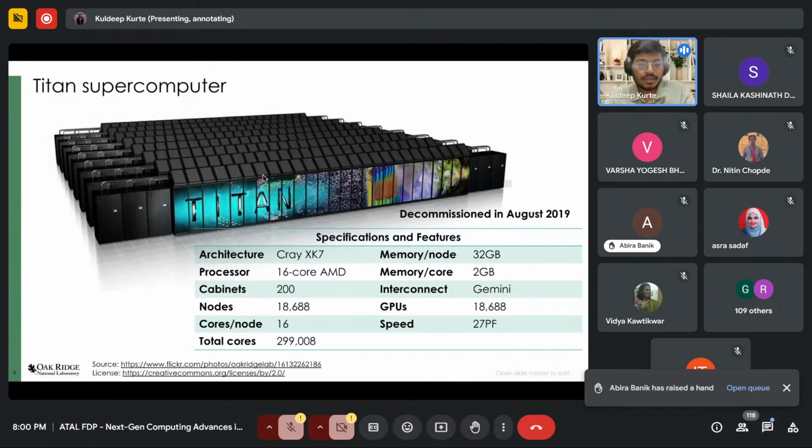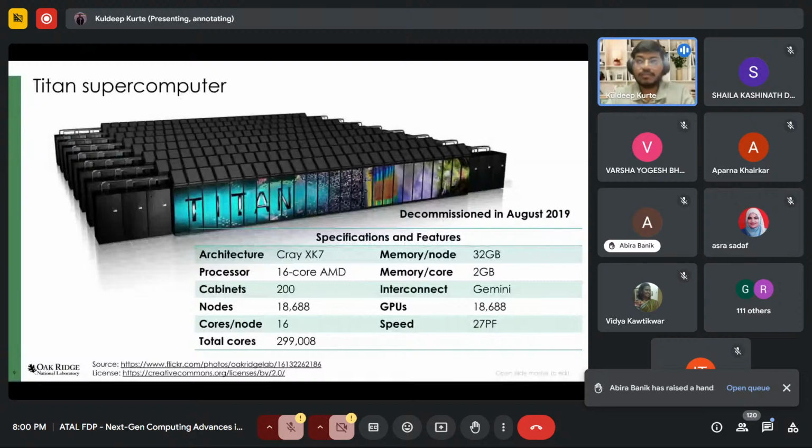Now altogether, if you calculate the number of racks, or nodes, as we typically call them, there were a total of 18,688 nodes. If you look at one particular node, it had a 16-core processor and one GPU.